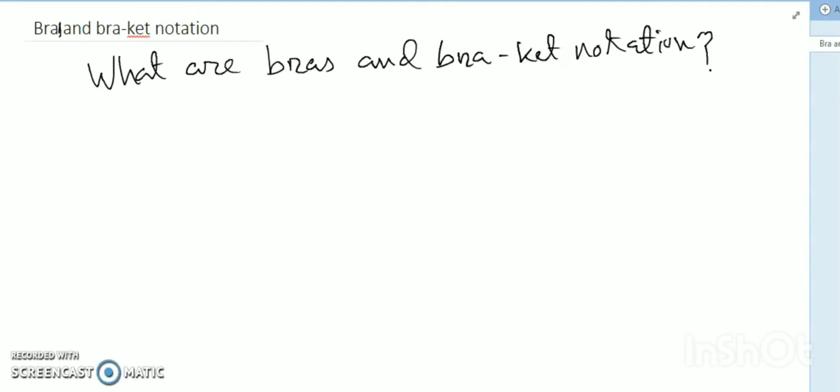I also want to really dig into bra-ket notation and justify my claim that it is incredibly powerful and useful. So to begin introducing bras, let's look at an example in the vector space R squared.